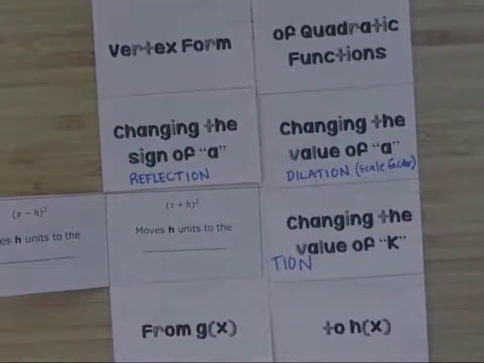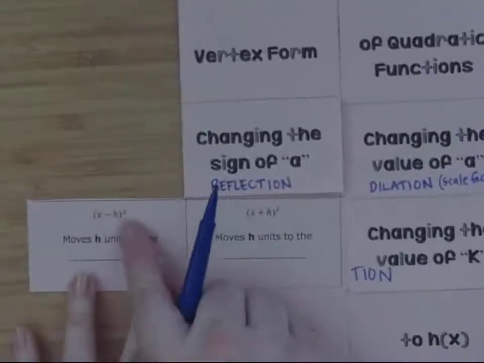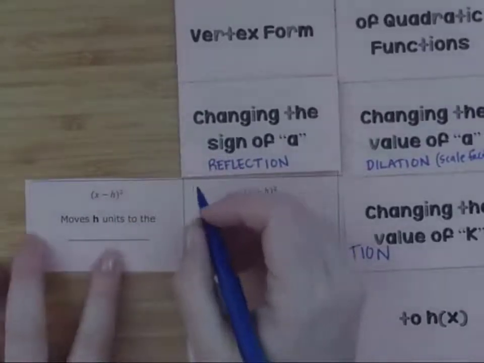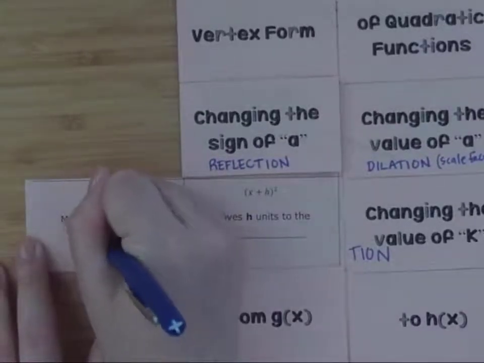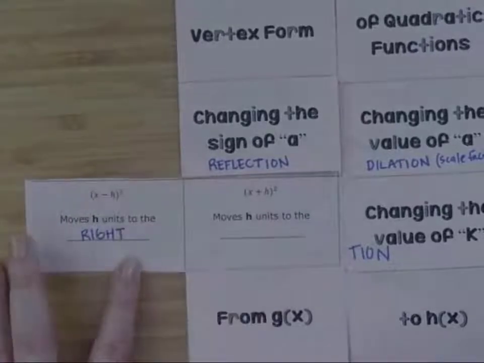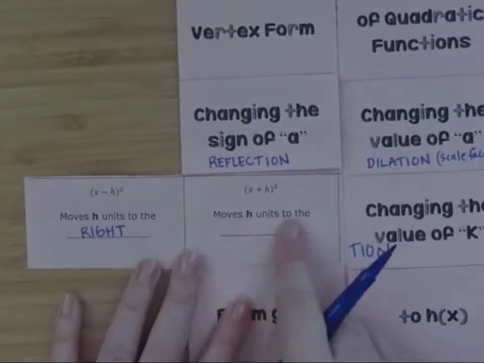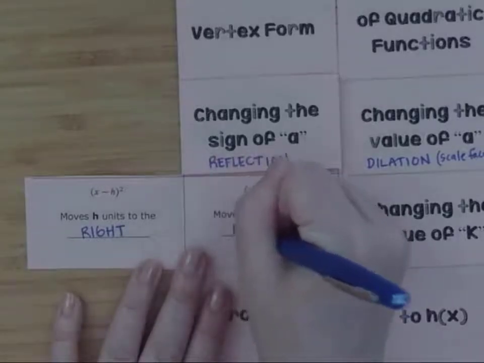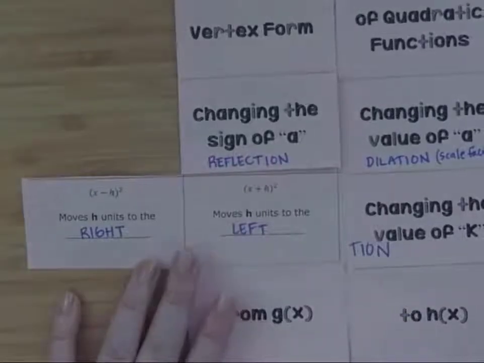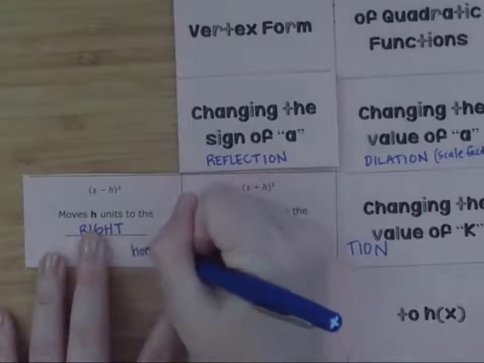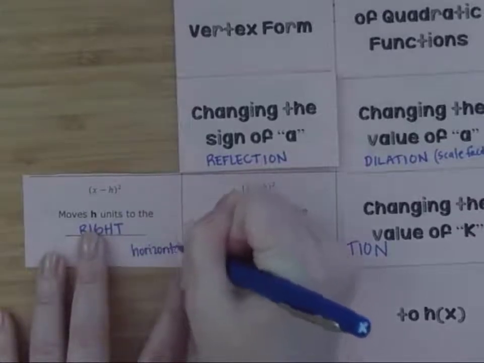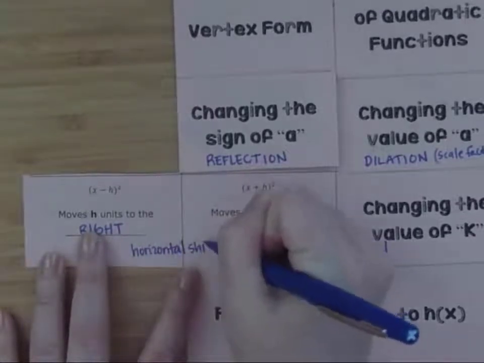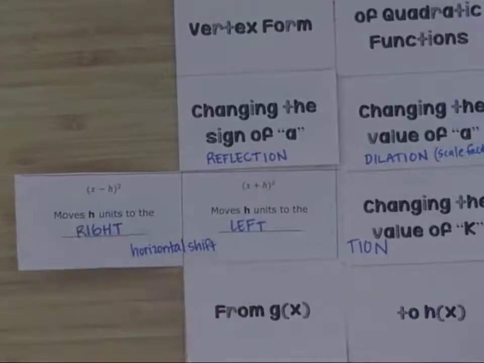If we have x minus h squared in the function, what we're really saying is it's moving right. And if it says plus h, h is a negative value, so it's moving left. This is our horizontal shift, how it changes from left to right. So they might say it shifts left, it shifts right. It's a horizontal shift of 3 units.